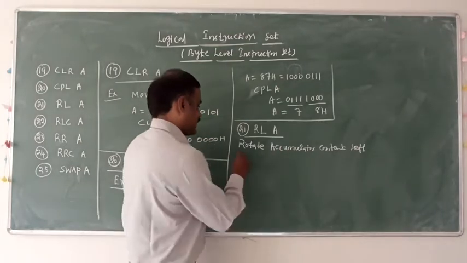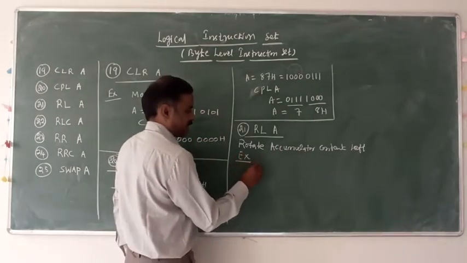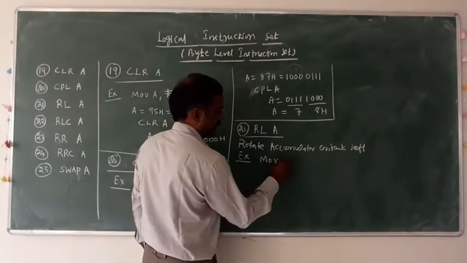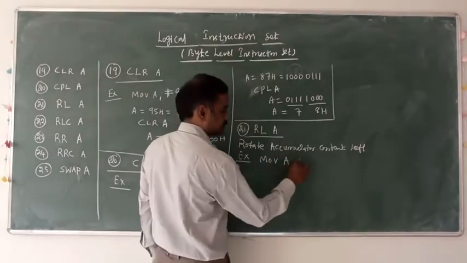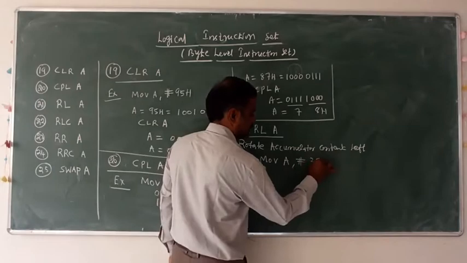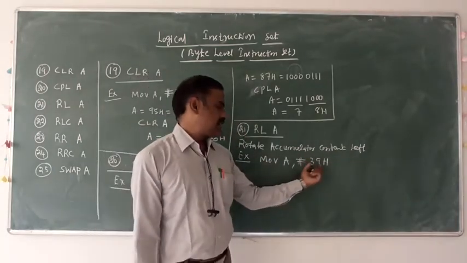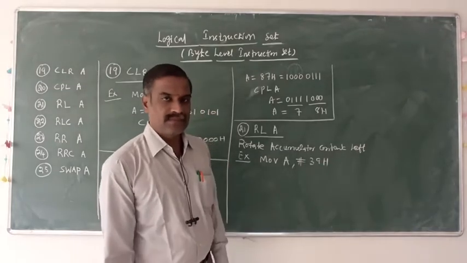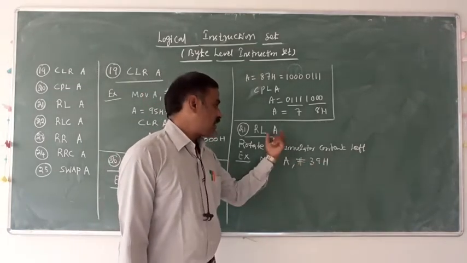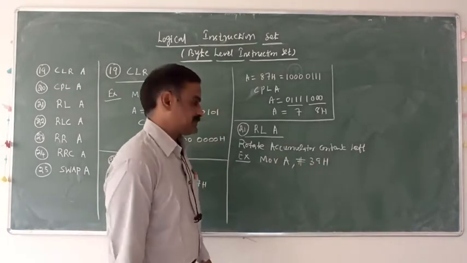Here, example: MOV A, #39H in register A. 39H. Now rotate the accumulator content a single time.